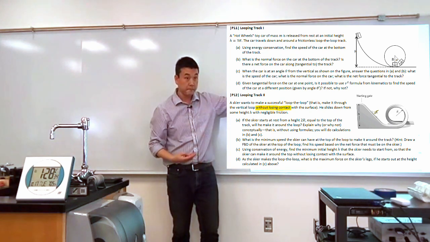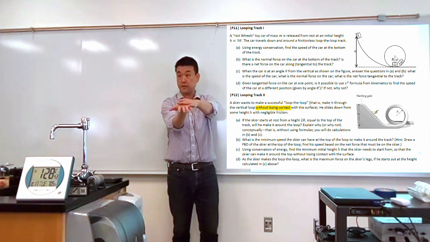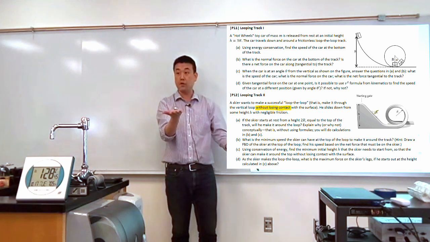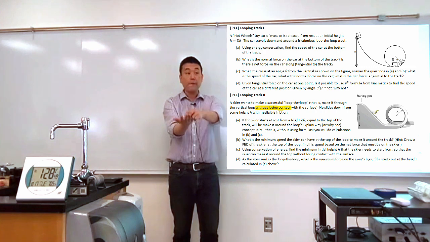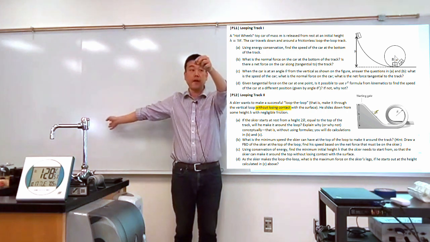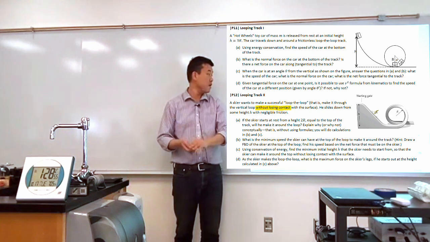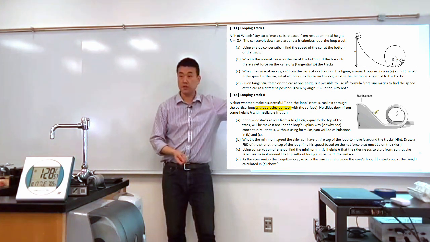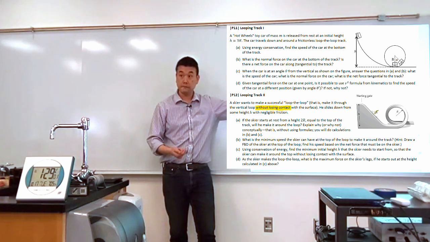Yeah, normal force equal to 0. Because the normal force is the contact force. Whenever something is in contact with something, one thing you can say about the normal force is that it's not 0. Now, if something has completely lost contact and never touched anything, then you can't quite say anything about the normal force. But the moment something is losing contact is the moment that the normal force barely goes to 0.